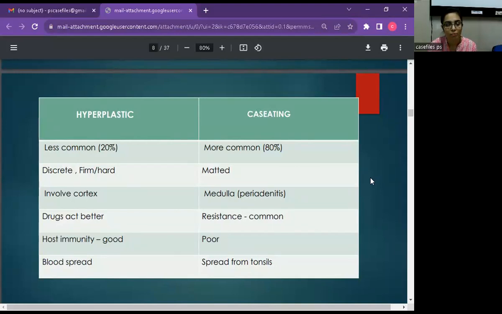Hyperplastic is present in patients who have good host immunity, and spreads by the hematogenous route. In caseating type, it involves the medulla of the lymph node and causes periadenitis, and therefore there are more chances of drug resistance, and it occurs in patients who have poor immunity and spreads from tonsils.